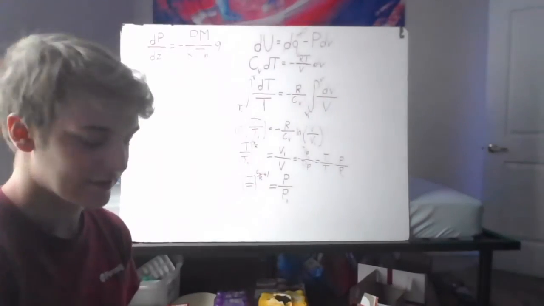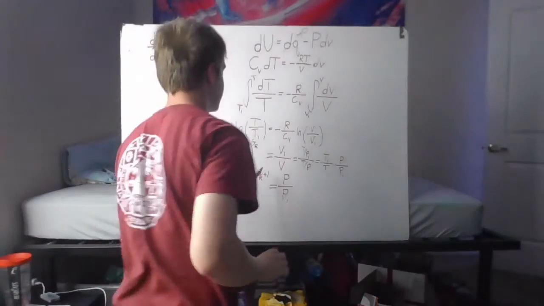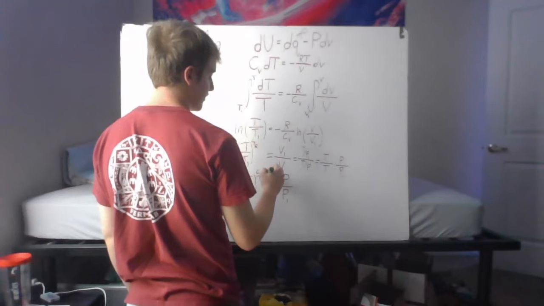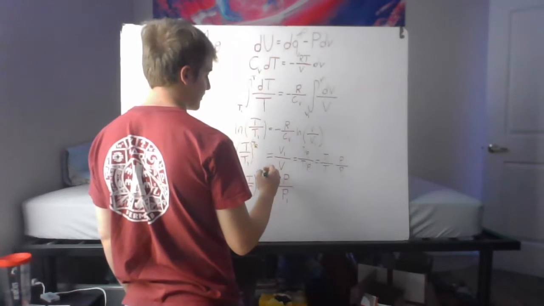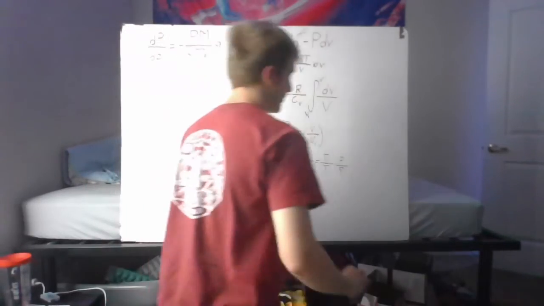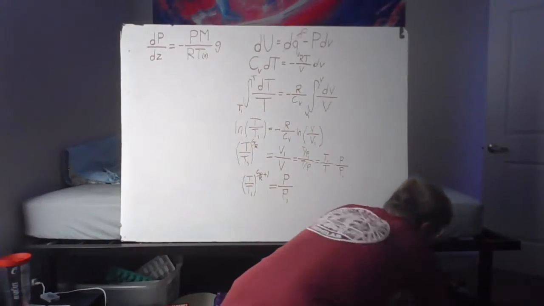So now what we can do is simplify this exponent by adding R over R, so we get CV plus R over R in this exponent. So I'm going to rewrite this up at the top.